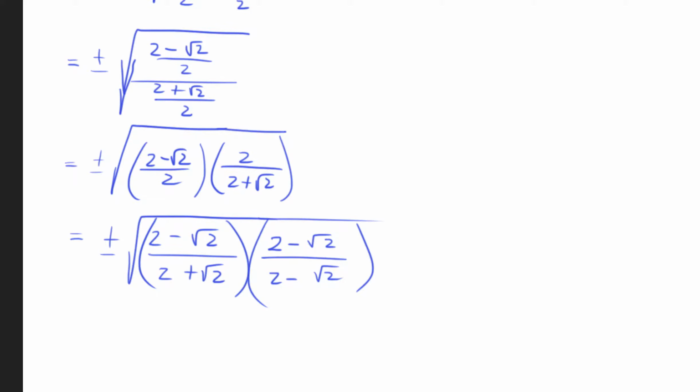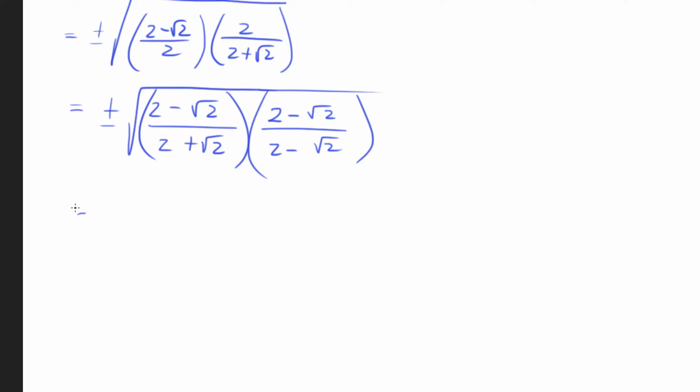Now we need to FOIL. 2 times 2 is 4. 2 times negative radical 2 is negative 2 radical 2. Negative radical 2 times 2 is negative 2 radical 2. And negative radical 2 times negative radical 2 is plus radical 4.